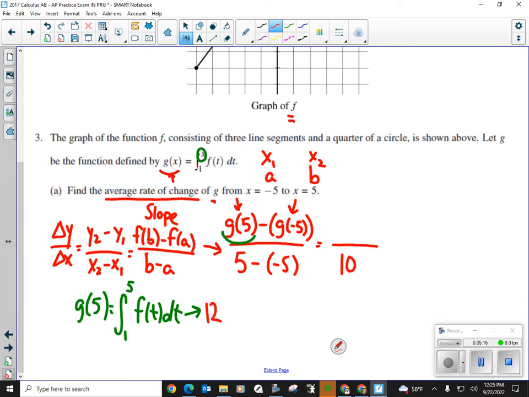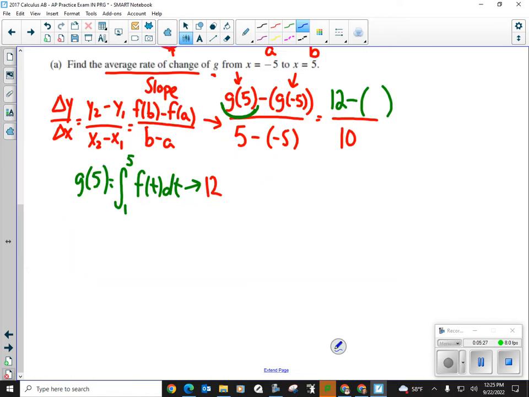It's 12. Okay, so now for here, g of 5 is 12 minus, we got to do g of negative 5. So I'm going to take the same thing here and throw in a negative 5. Okay, I'm going to integrate from 1 to negative 5 this time, f of t dt.